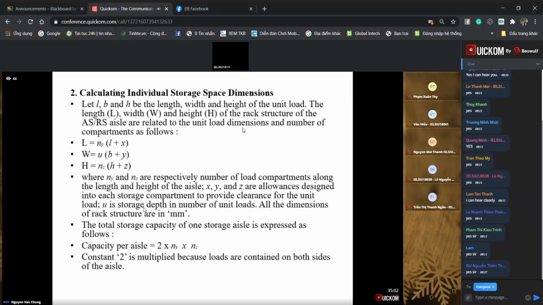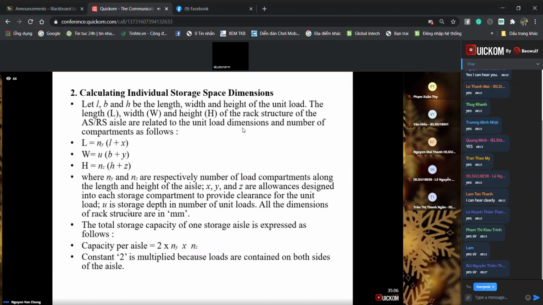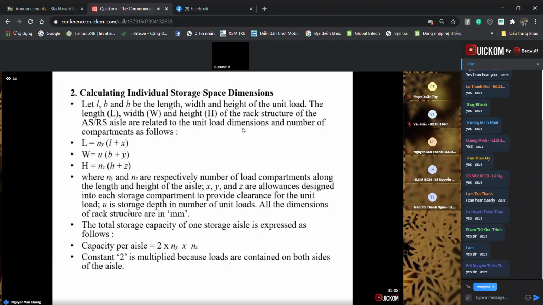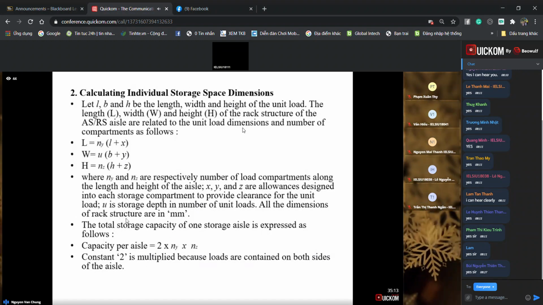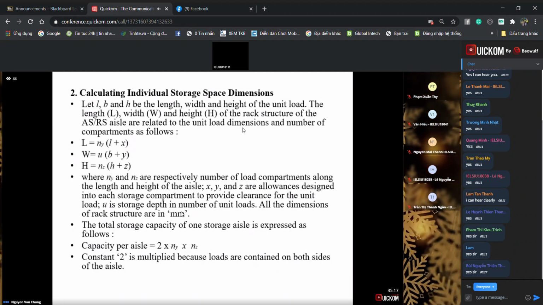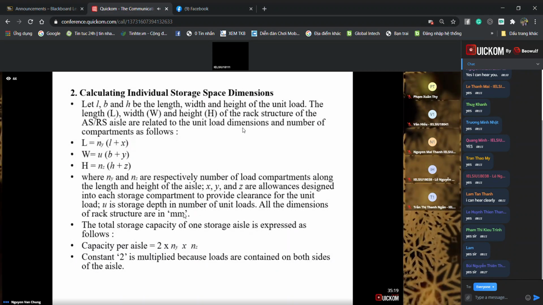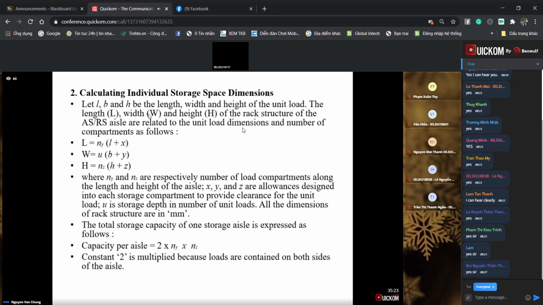Okay, and we use the store depth in the number of unit loads, and the dimensions we use in meters.